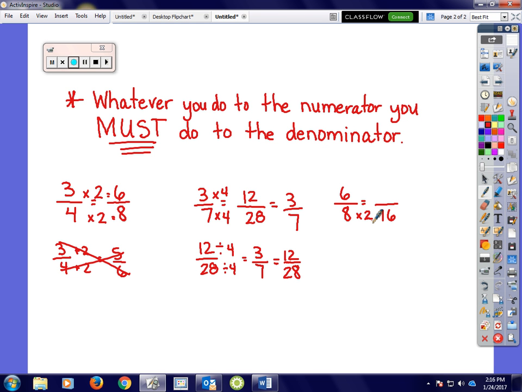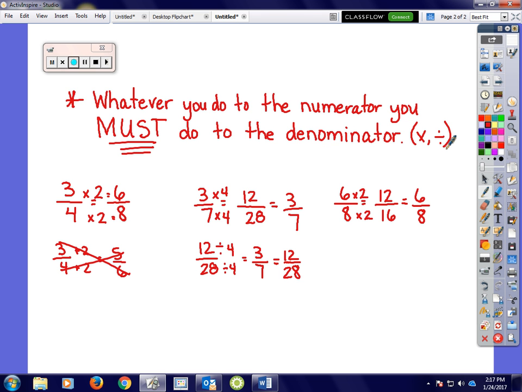So 8 times 2 is 16, which means I have to do the same to the top. 6 times 2 is 12. So 12/16 is equivalent to 6/8. And that is how you find equivalent fractions. As long as you can remember, whatever you do to the numerator, you must do to the denominator. Let's put in parentheses here, multiplication or division, so you don't get messed up.